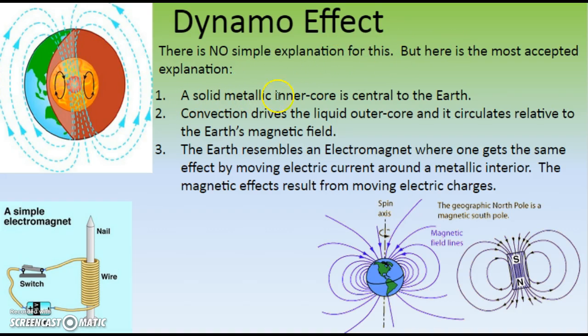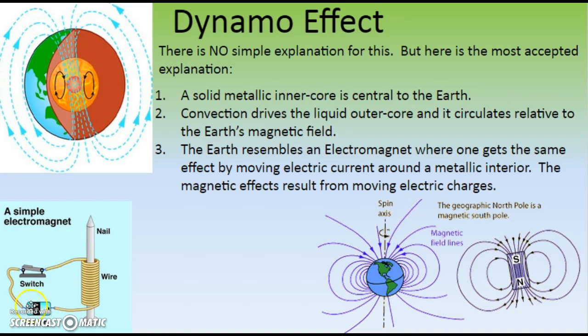You've got the solid metallic inner core central to the Earth. Convection drives the liquid outer core and circulates relative to the Earth's magnetic field. The Earth resembles an electromagnet, where one gets the same effect by moving electric current around a metallic interior. Here I can show you this with a simple electromagnet.